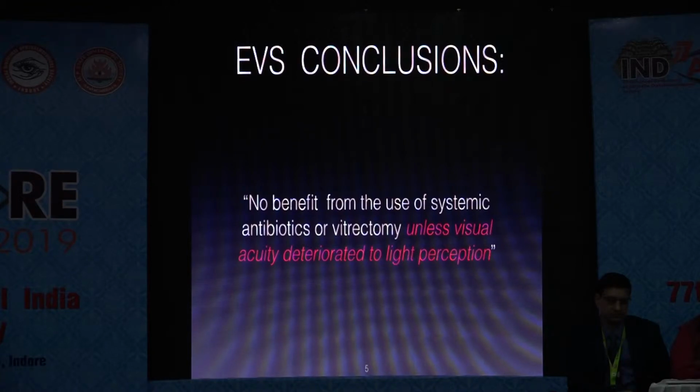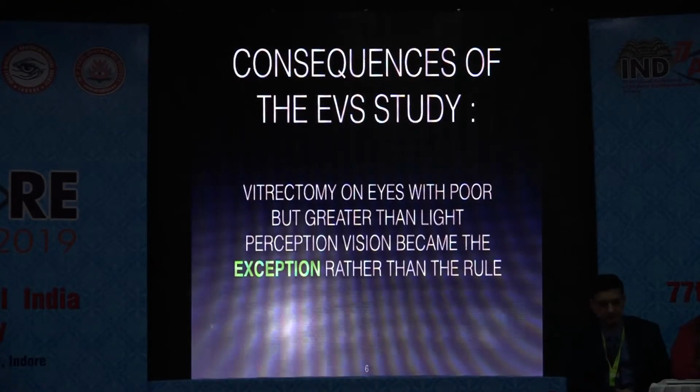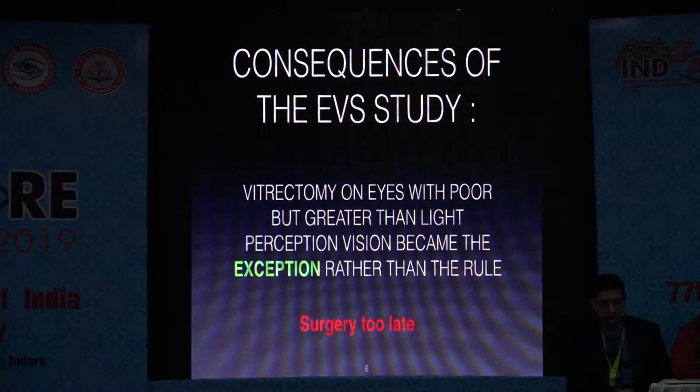The consequence of this latter statement is that vitrectomy was performed only on eyes which had poor but greater than light perception. This became the exception rather than the rule. So the consequence was that surgery was performed too late.